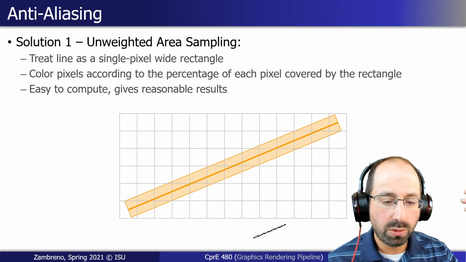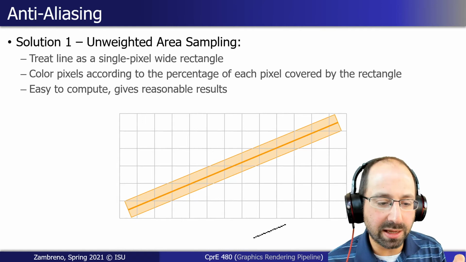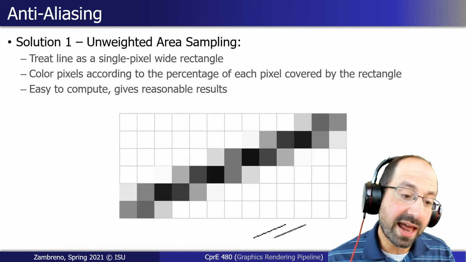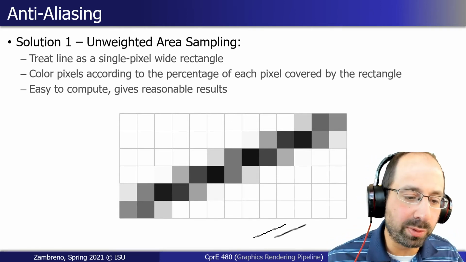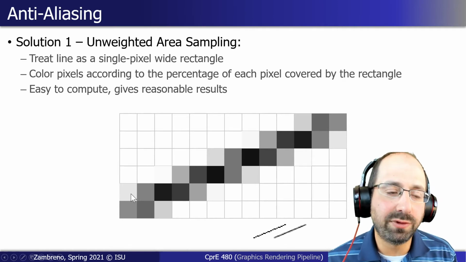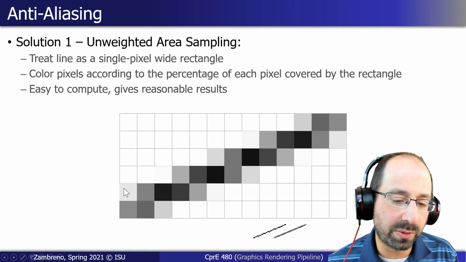That instead of white for not covered, or in this case black for covered, it would be a percentage covered, and that would be our grayscale information associated with it. So based on that, it's very easy to visualize, but much harder to implement in practice. We could then determine what percentage of an individual pixel should be covered by that particular line.